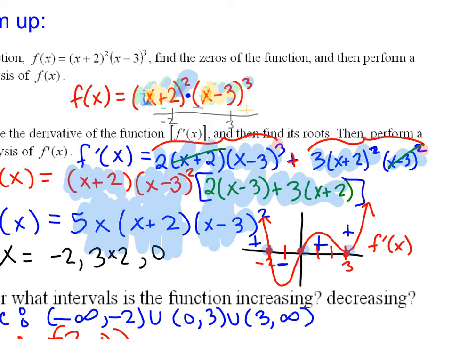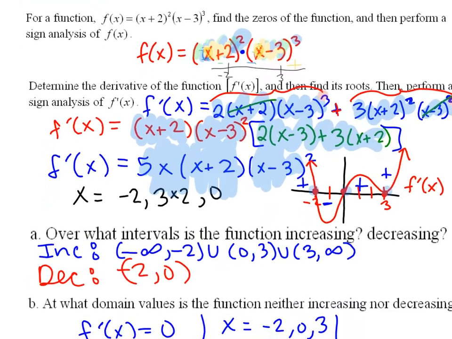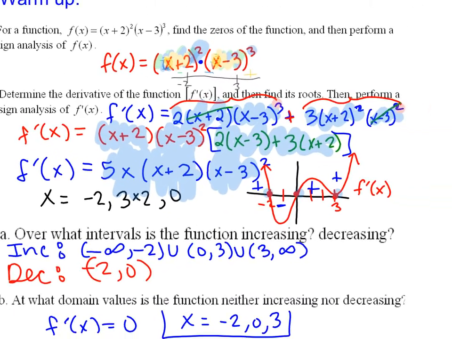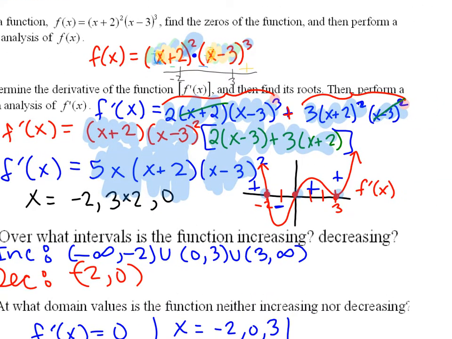At this point, we want to do a sign analysis, just like the way I did before. And when you plug in random numbers, let's say negative infinity would give you a negative here, and a positive here because it's squared. So negative times positive would give you a positive, hence the positive sign. And then when you plug in a number in between, so let's say -1, we would get a negative, we would get a positive, and we would get a positive.